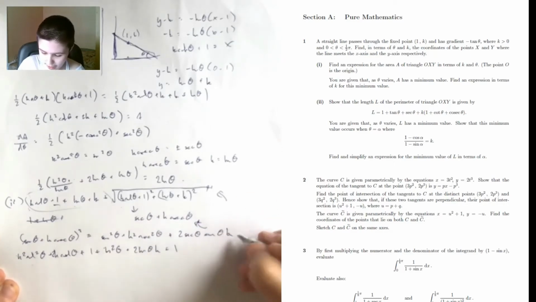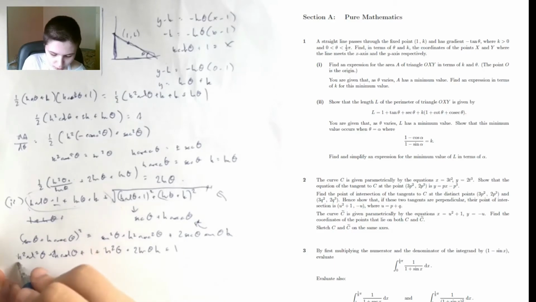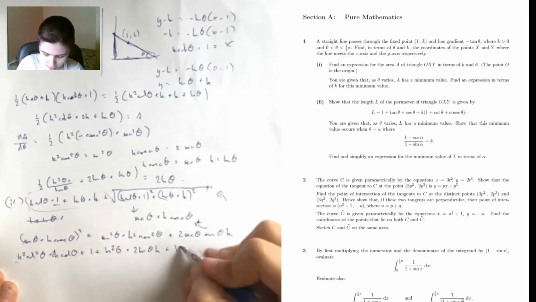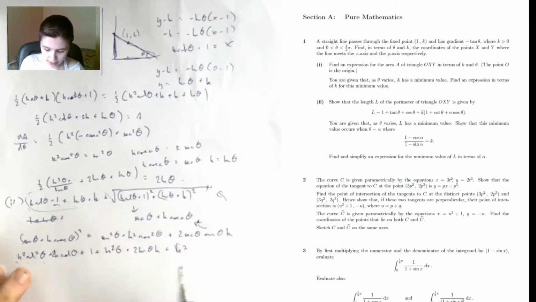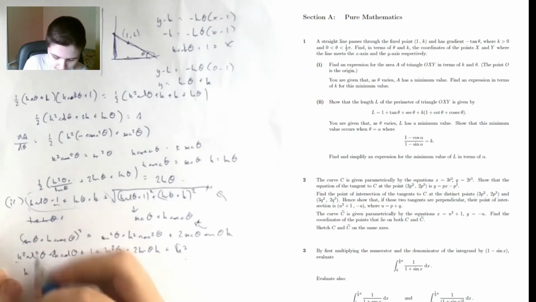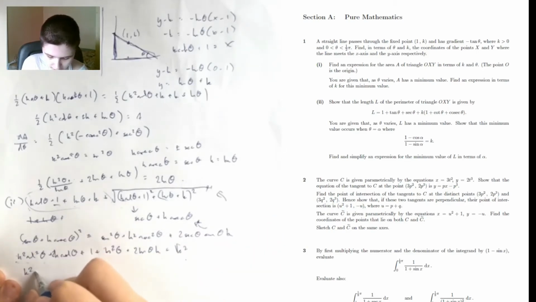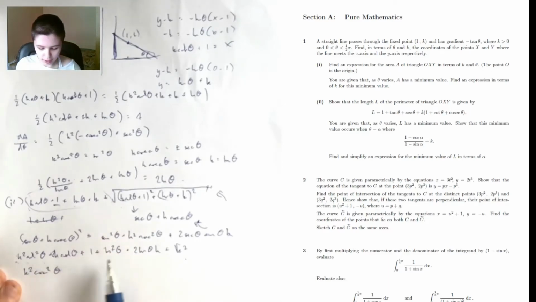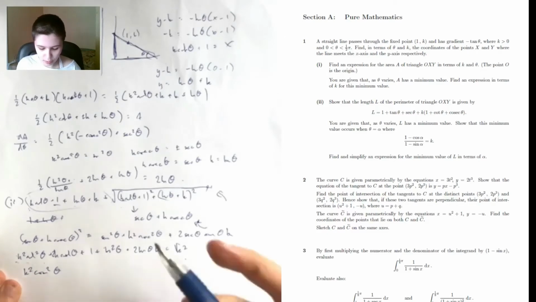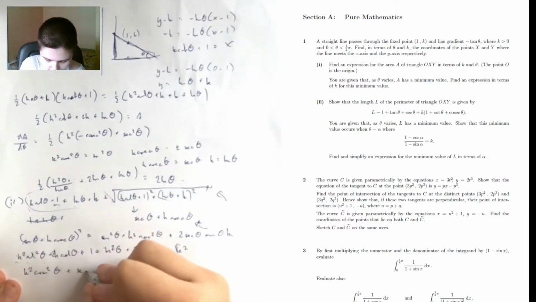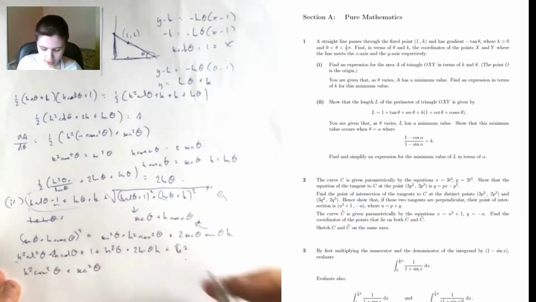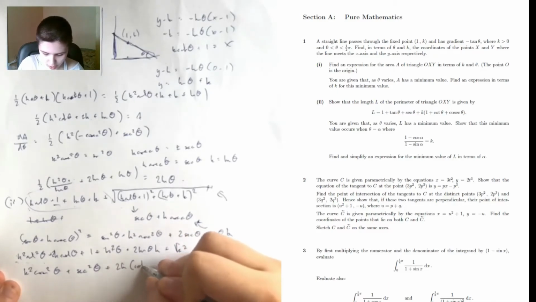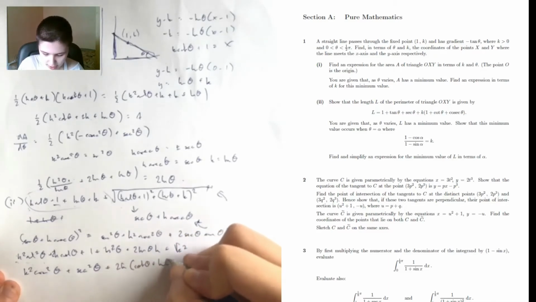Oh yeah, sorry, there's a k over here, which is equal to k squared cot squared theta plus k squared, and that's k squared cosec squared theta plus tan squared theta plus 1, and that's plus sec squared theta, then plus 2k times cot theta plus tan theta.